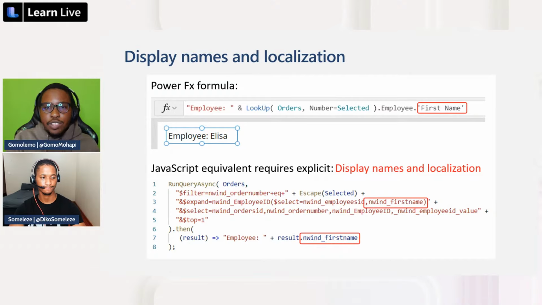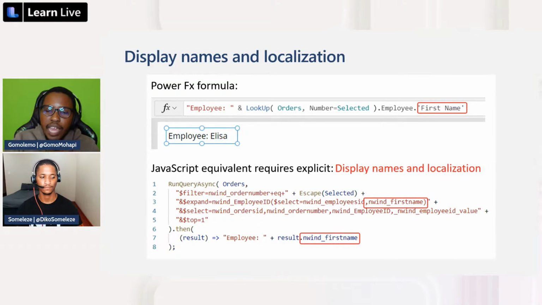In Dataverse, there is a display name for fields and tables as well, and it's a unique name, right? So obviously you might have columns and fields and tables that have the same name, but they're all unique depending on how you build them, where you've stored them, and so forth.